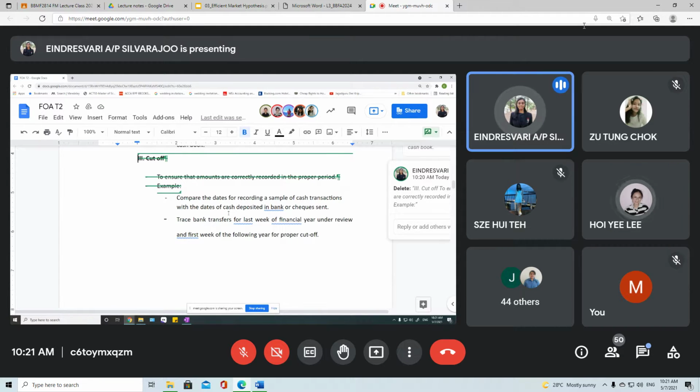What is the accounting document? Cash transaction source document is cash deposited in bank or check sent.